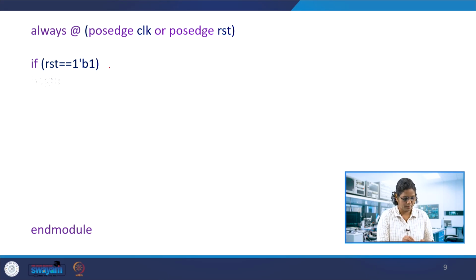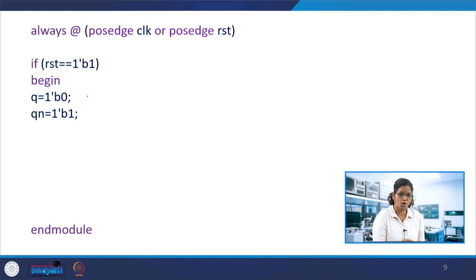If reset is 1, then you make Q 0. You press reset and it goes to 0. Else, if reset is 0, Q is D, and you need to define Qn also, because we have taken Qn as an output as well. Qn is the complement of D. These are all blocking statements. And end.